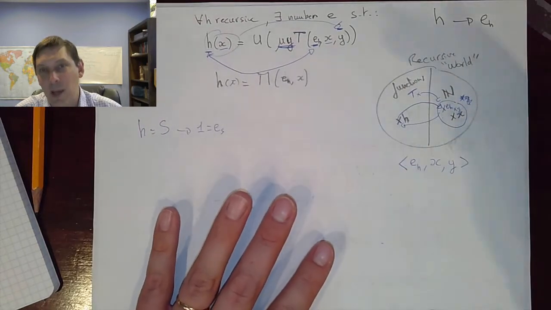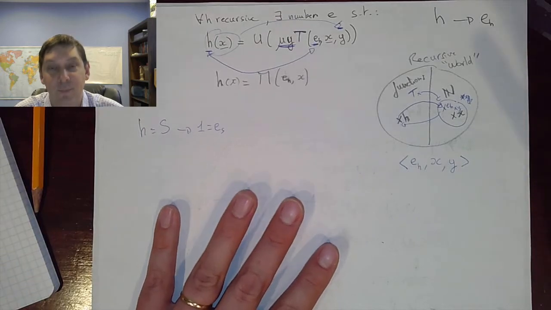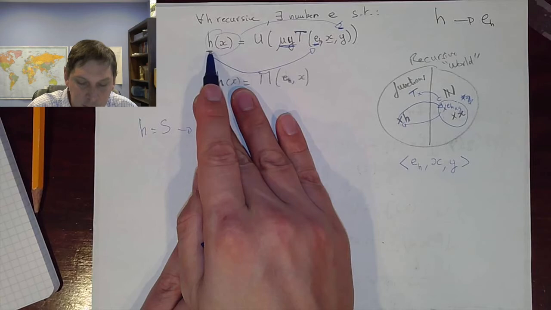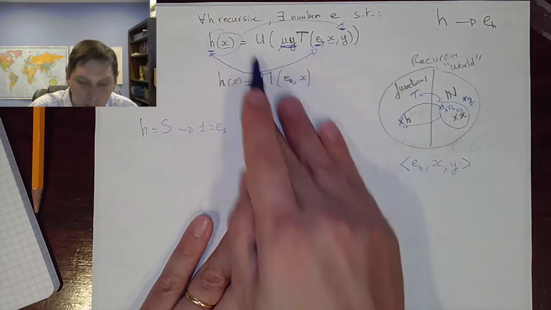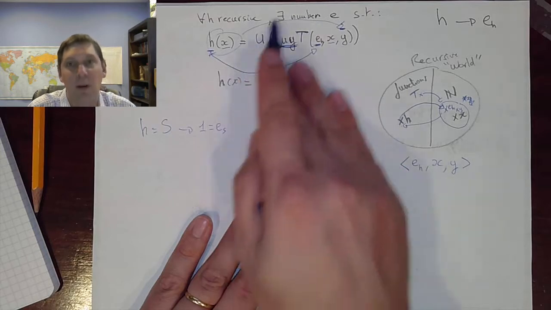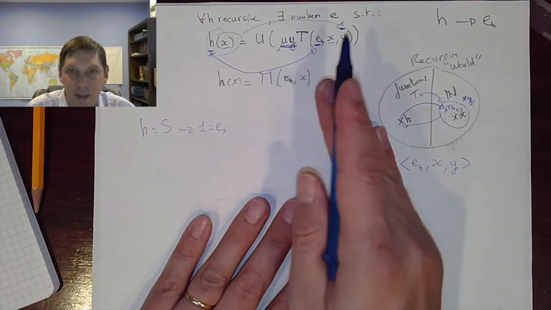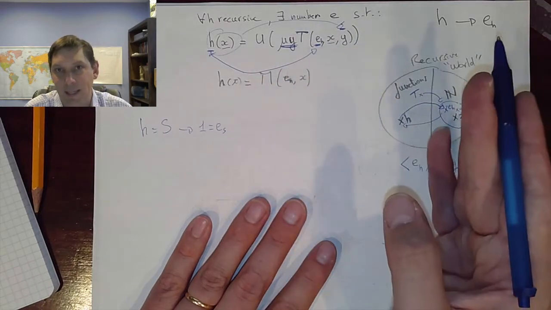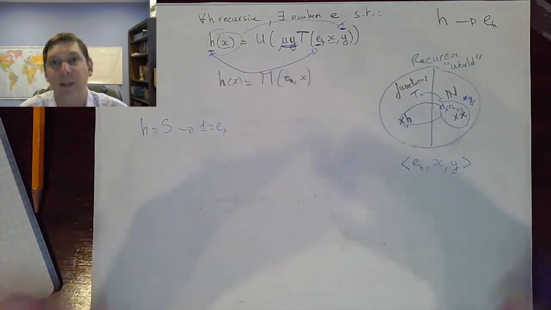And now that it is a number, it can be itself the argument of a function. So you have now h, a function that becomes the argument of another function, because this is a recursive function. And this recursive function is really indexed by e, the number of the index of h.